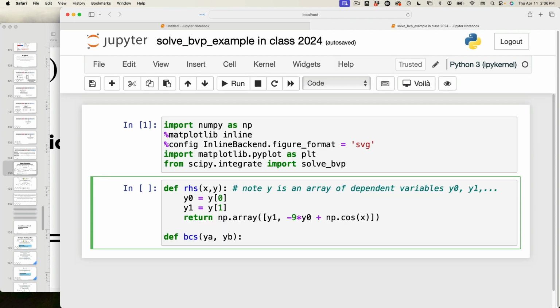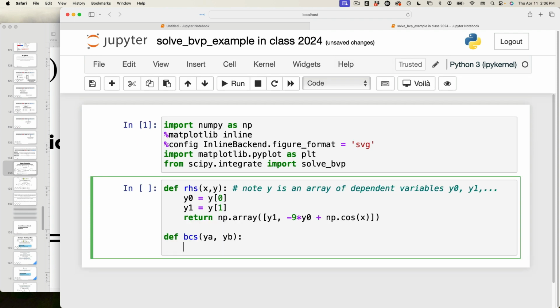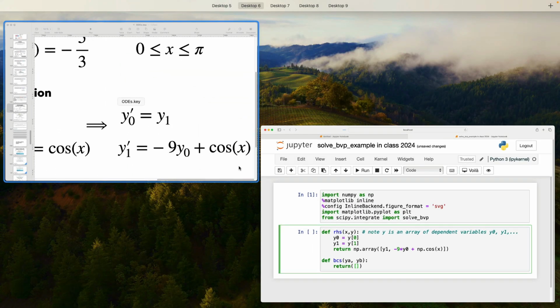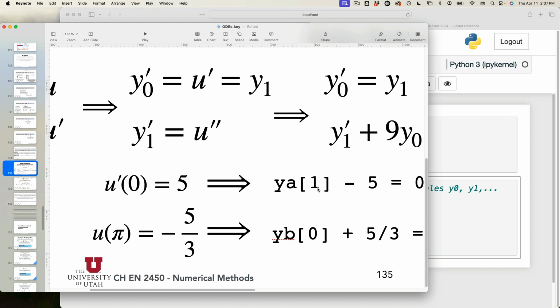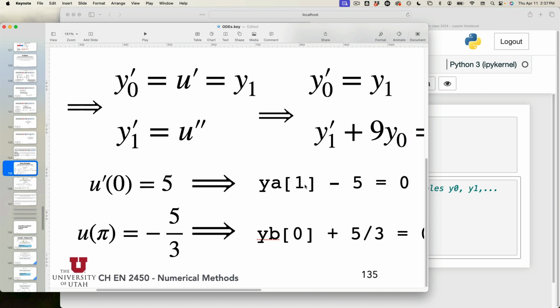Whatever, it just works. So what are we going to return here? Our first condition is on the left point, ya, the derivative of u, so u prime at 0 minus 5 equals 0.